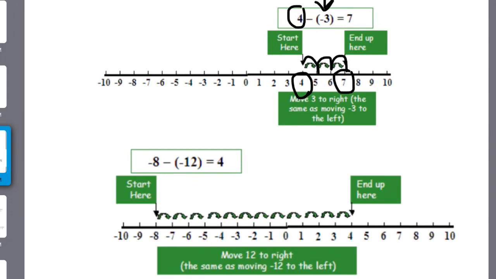This next number line starts with a negative and we are taking away a negative. So we start at negative 8 and we are taking away negative 12.